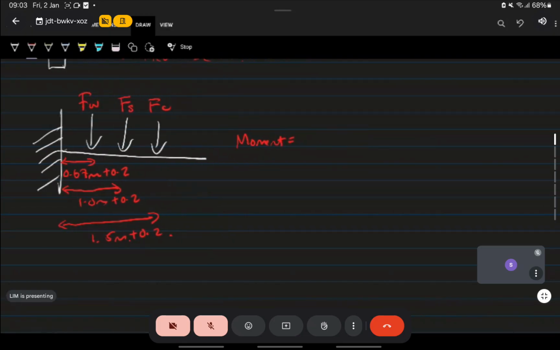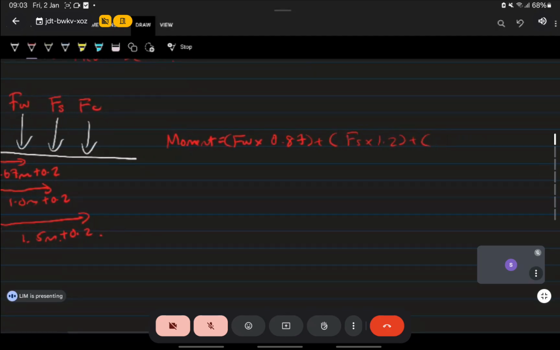Moment is FW times 0.67 plus 0.2, 0.87, plus FS times 1.2, plus FC times 1.7.